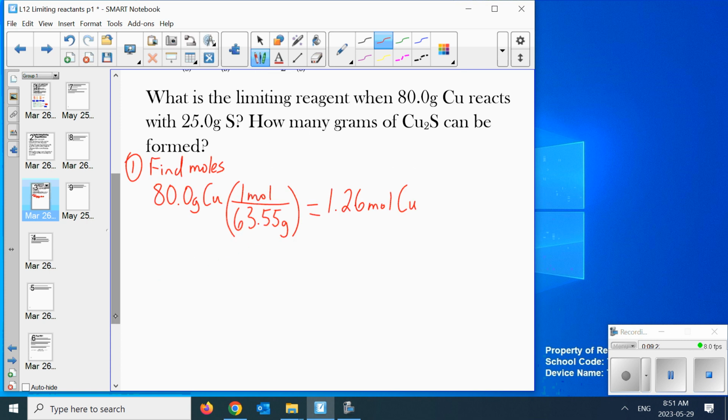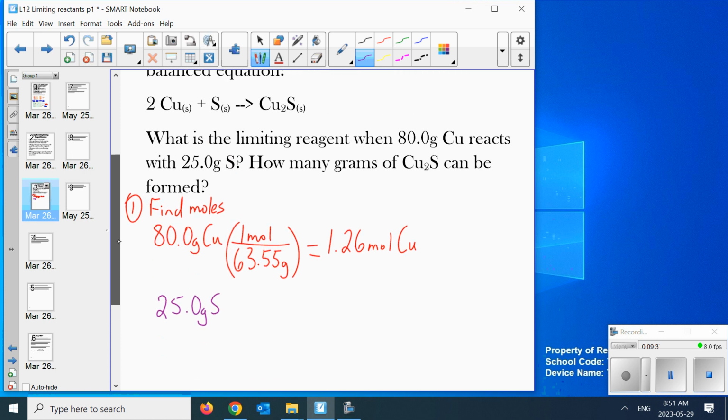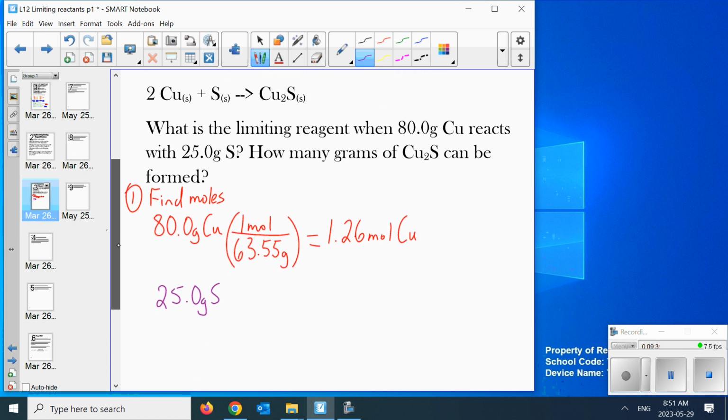The other chemical is 25 grams of sulfur. And according to this reaction, I copied and pasted this, it really should be S8, but it isn't.